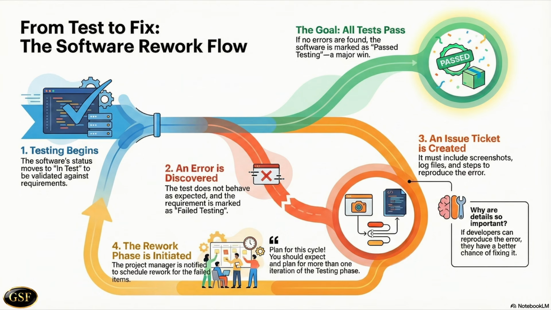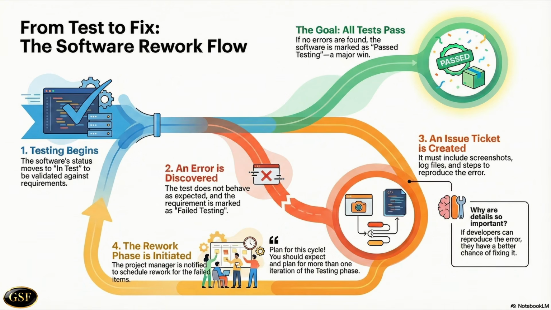For all such entries, you should expect the addition of details of any relevant screenshots or log files, plus the details of the path taken, the 1, 2, 3, to get to the point where the error occurred. This is all very valuable information for the development team to allow them to reproduce the error in their development systems. If they can reproduce the error, then there is a better chance of them being able to correct the problem quickly.